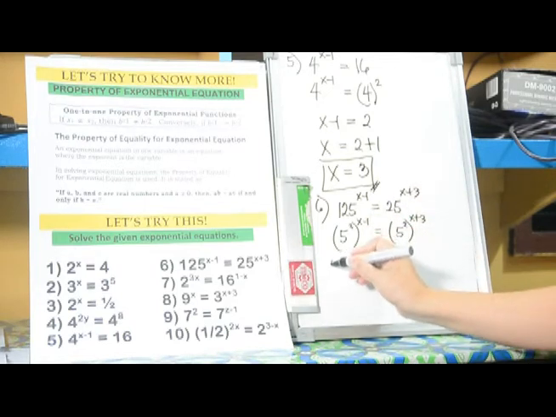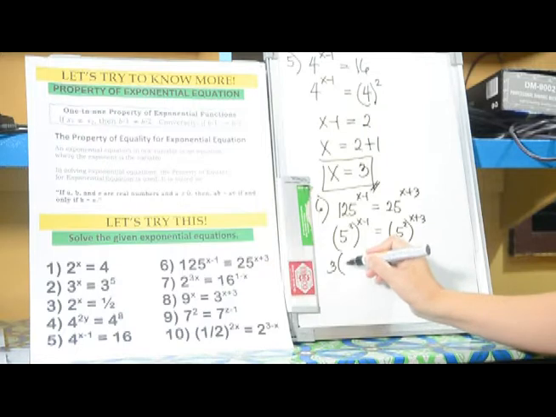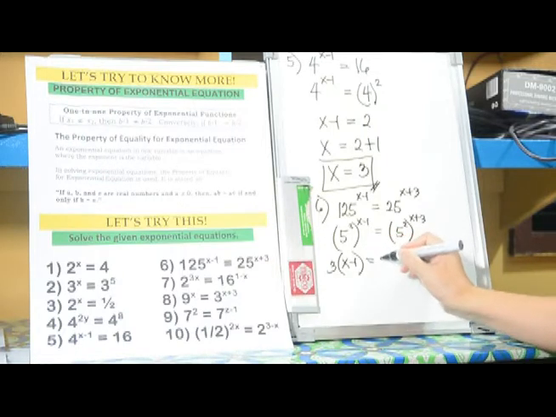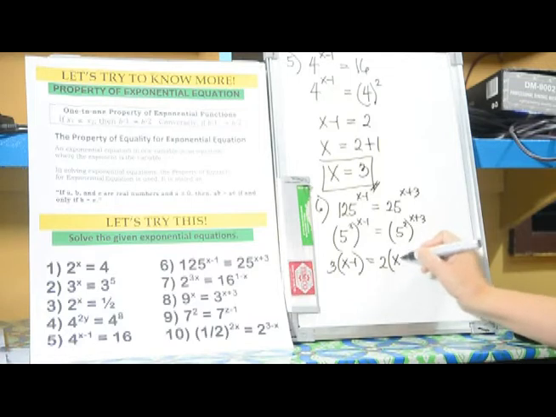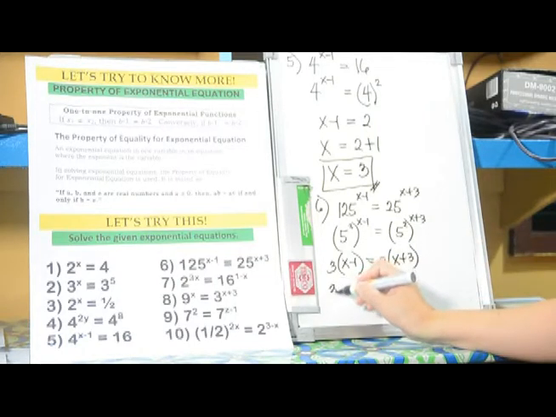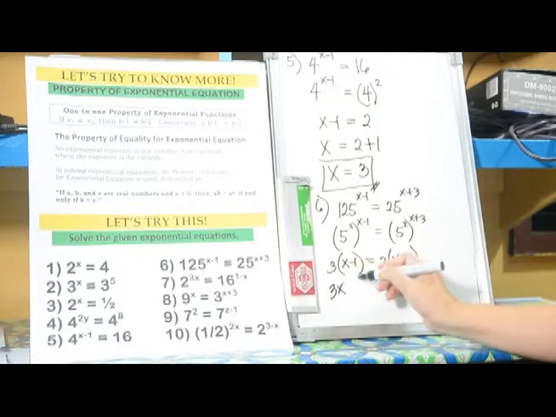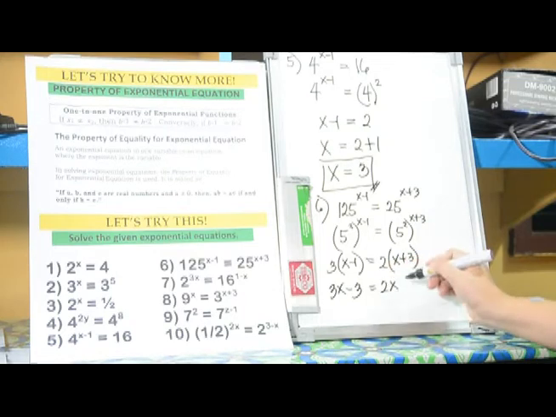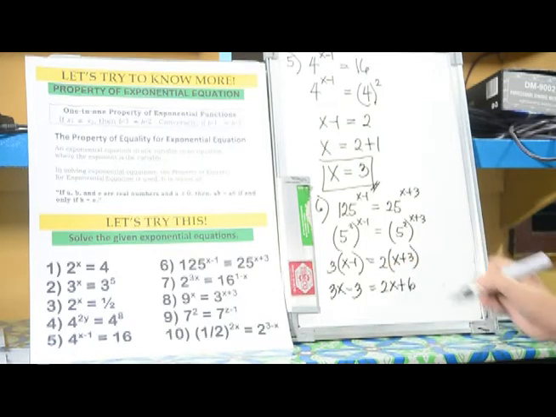So you've got here 3 times x minus 1 is equal to 2 times x plus 3. Let's apply the distribution. We have 3 times x is 3x, then 3 times negative 1 is negative 3, is equal to 2x, then 2 times 3 is plus 6.